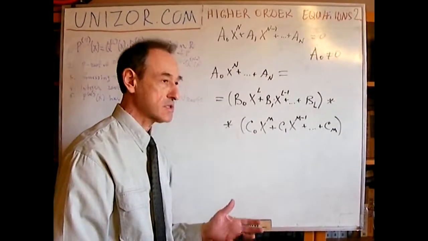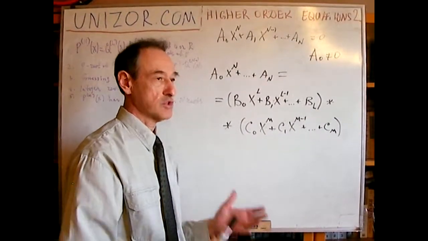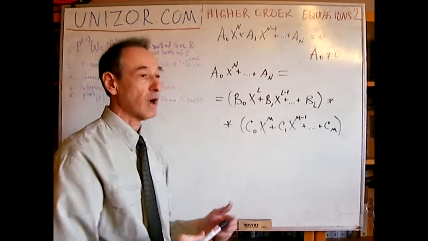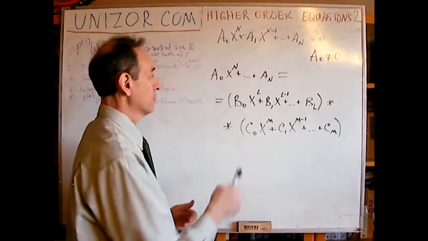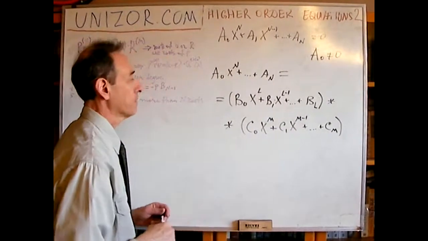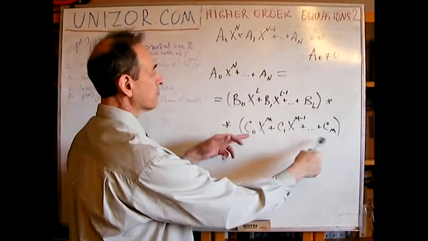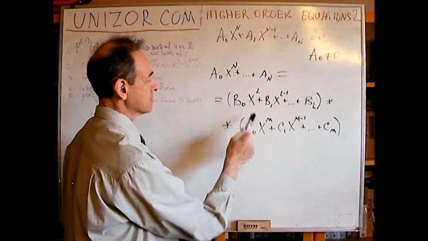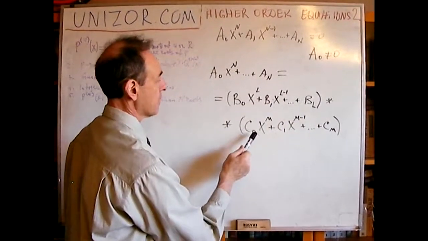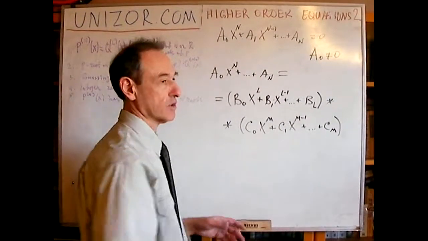Well, first, the very important thing which you can observe is that these two polynomials are of lower degree than n. Why? Here's why. If you open the parentheses, you will multiply this by this plus this plus this, and this multiplied by this, and so on.